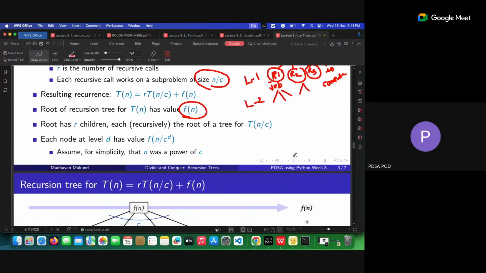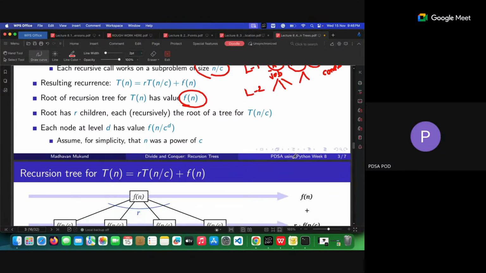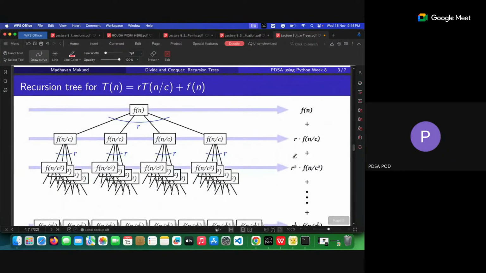If you consider this particular slide, whenever the level is increasing, look: the first call is just made once, so its complexity is simply f of n. Then you get 1, 2, 3, 4, so 4 recursion calls are done, each computing f of n by c.